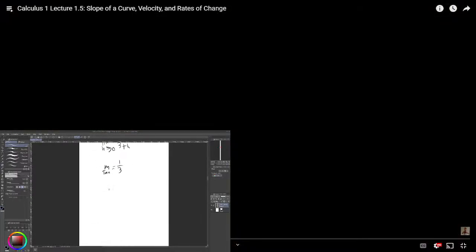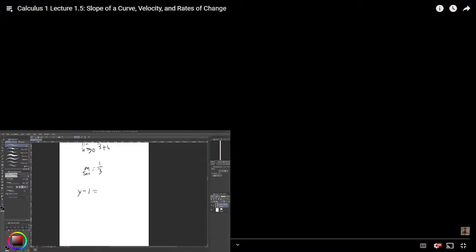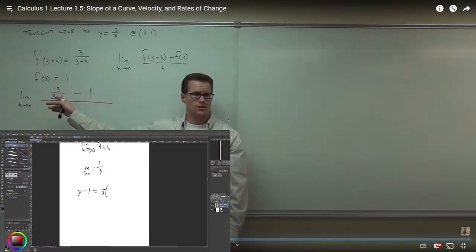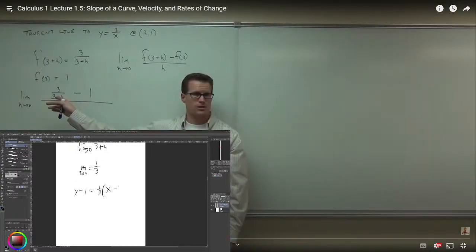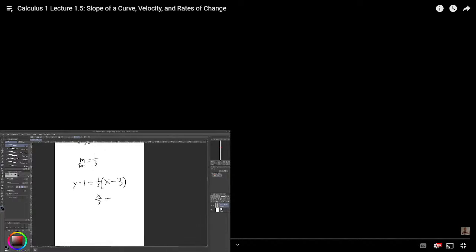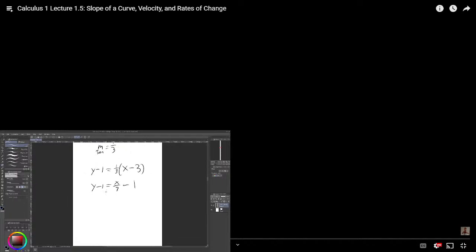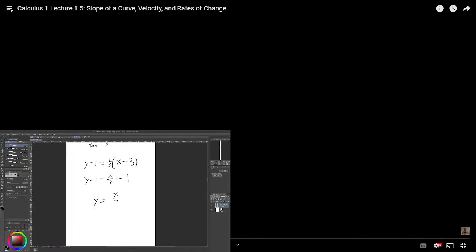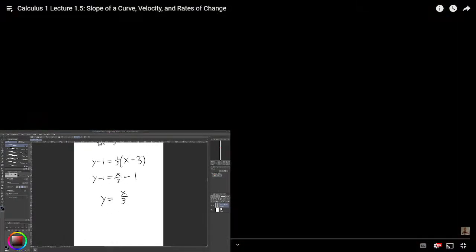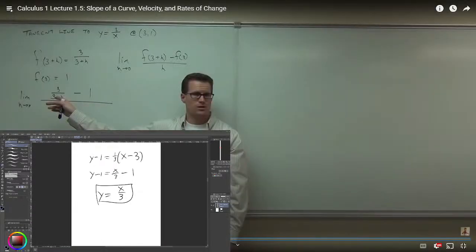The point 3, 1: y minus 1 equals a third times x minus 3, x over 3 minus 1 equals y minus 1, add 1, it cancels out, y equals x over 3.